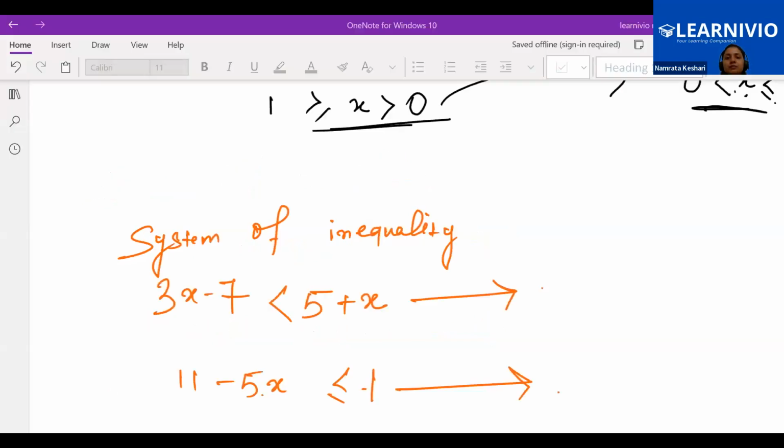Is it for this one, Ali? Sorry, I'm not checking. x is smaller than 6.